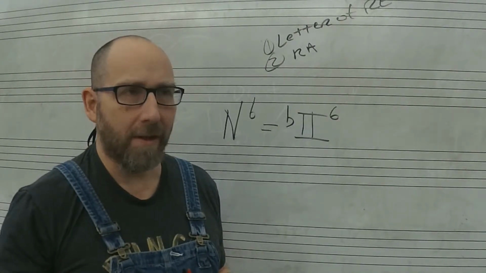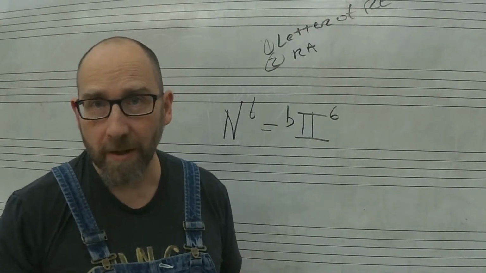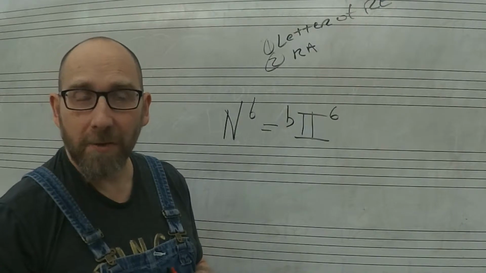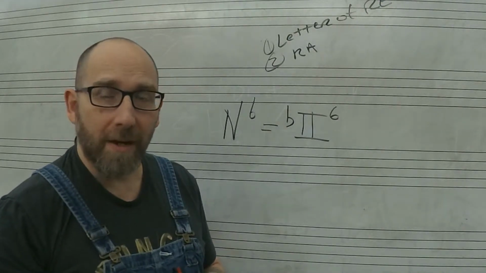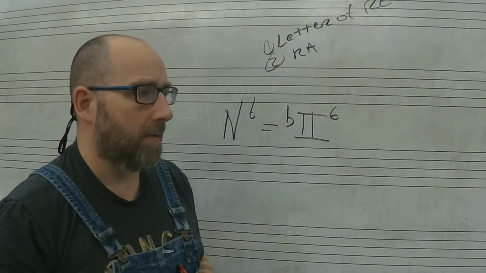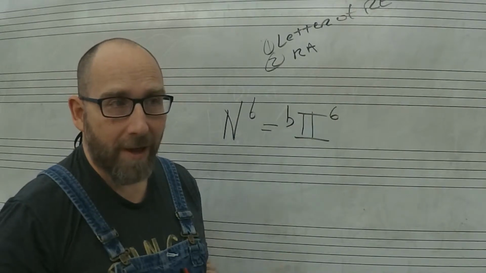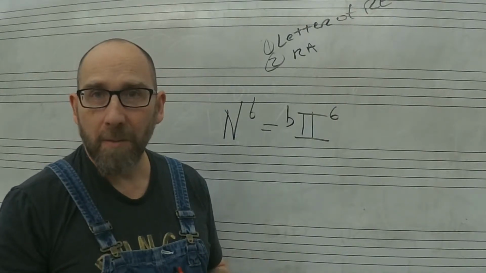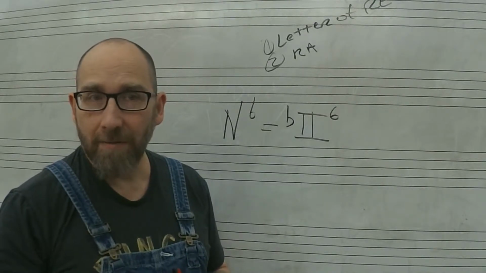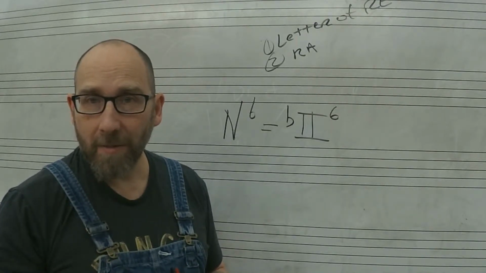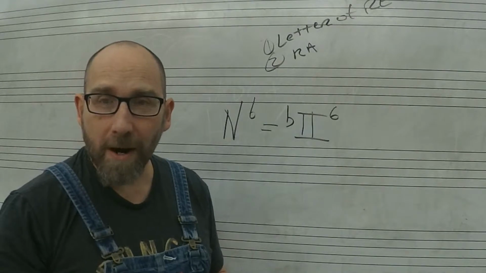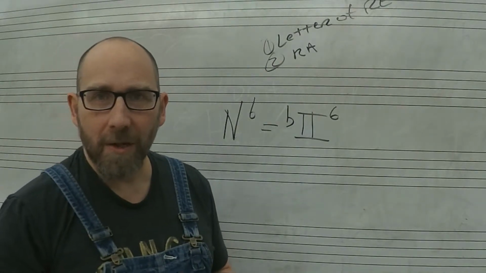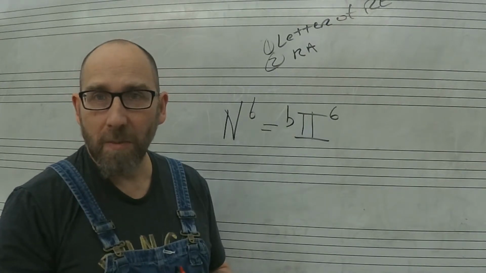In the key of E, and this could be major or minor, Re would be F sharp, and Ra would be F natural. Just another example, the key of A flat, major or minor, doesn't matter. Re would be B flat in major, A flat major, and in A flat minor, Re would also be B flat, and Ra in both A flat major and A flat minor is going to be B double flat.